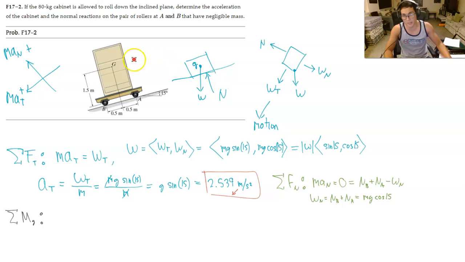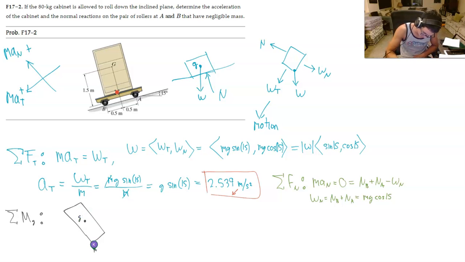So, coming down onto this point here, we're going to take all the moments. If I draw the diagram again, I'm going to draw it just like how it is, like an actual shape. So this is G. Then we notice that here's A and here's B. They're pushing up, right?